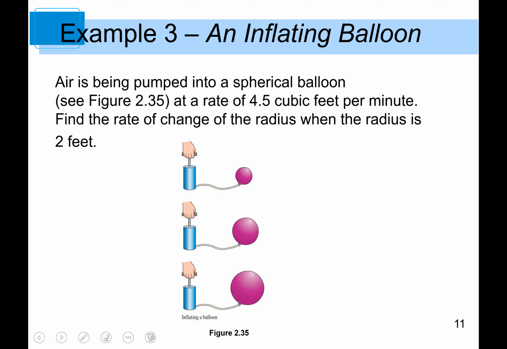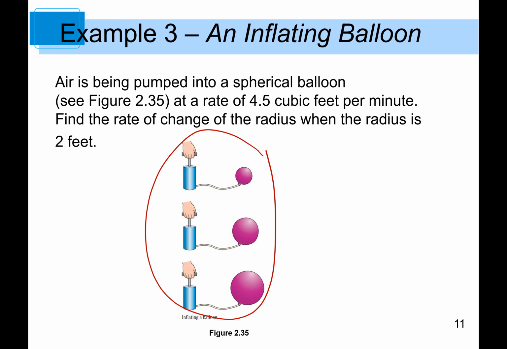So let's take a look at the example. An inflating balloon. Air is being pumped into a spherical balloon, see below, this is the motion, at a rate of 4.5 cubic feet per minute. If you just look at the unit, cubic feet per minute, that should be change of volume over change of time, right?